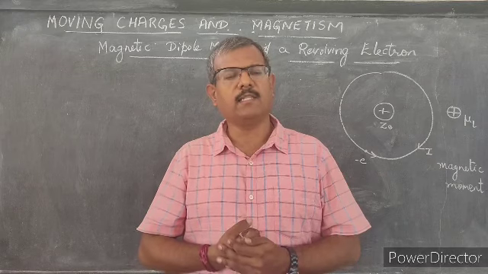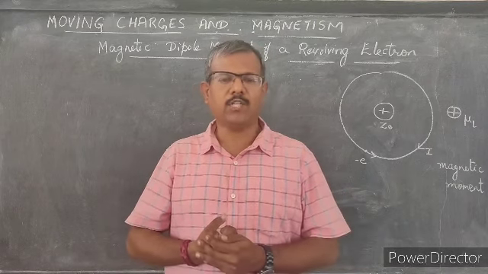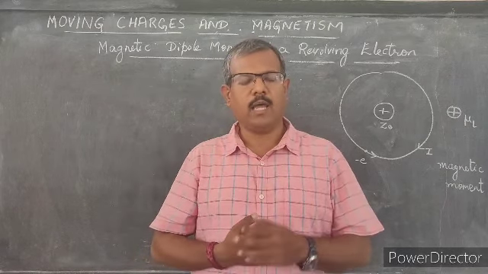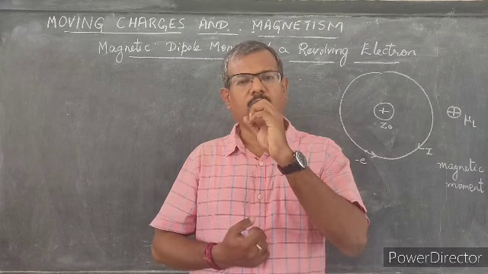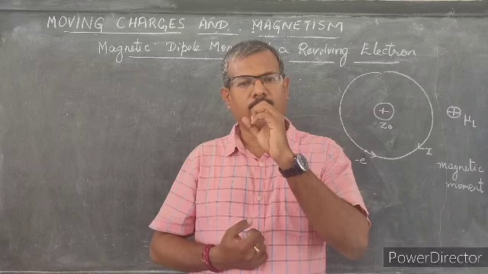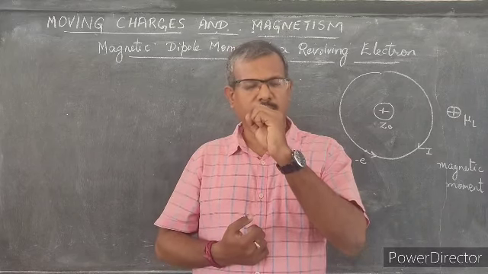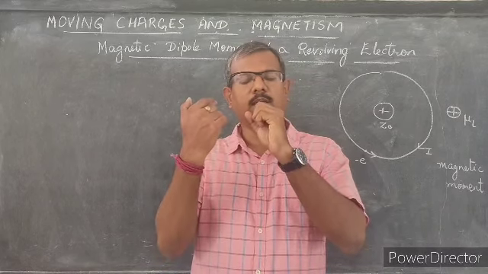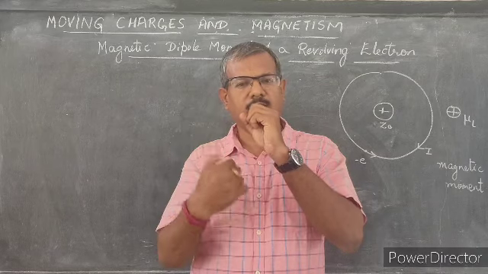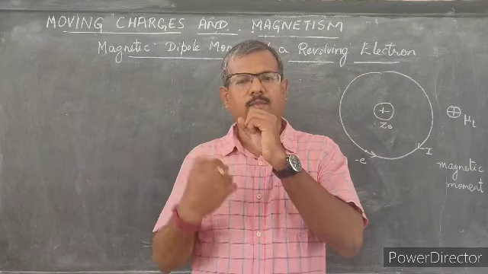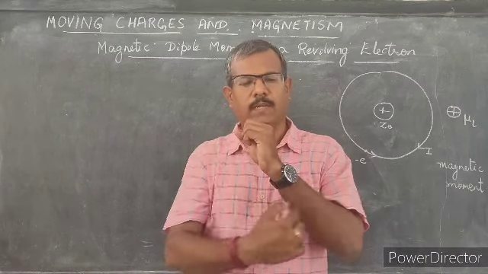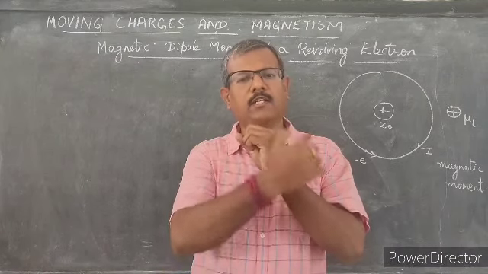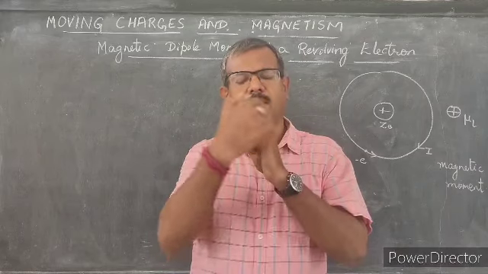So if you consider the simplest of atoms, a hydrogen atom, you have a positive nucleus consisting of a positively charged proton, with a negatively charged electron going around it in a circular orbit, something similar to the planets going around the sun.